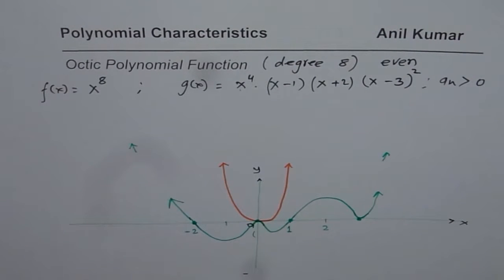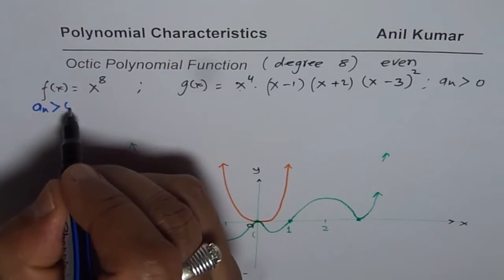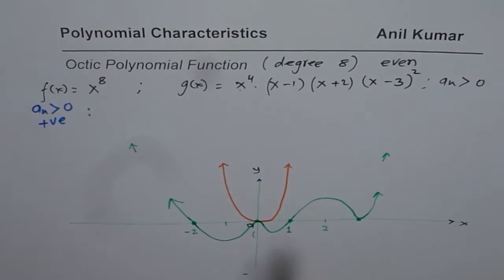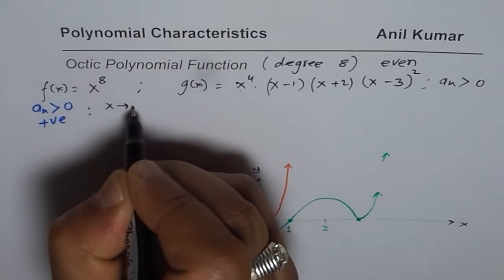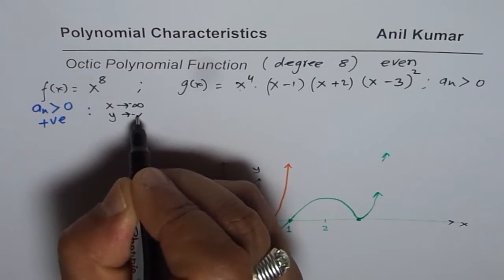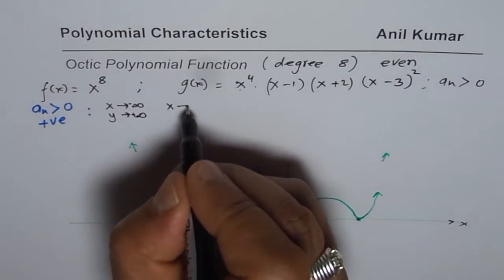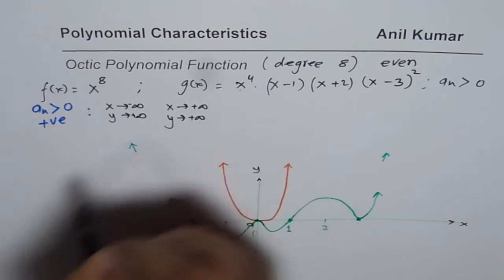So what we have here in general, when the leading coefficient is greater than 0, that means when it is positive, the end behavior is that when x approaches negative infinity, y approaches positive infinity, going upwards. And when x approaches positive infinity, y also approaches positive infinity.